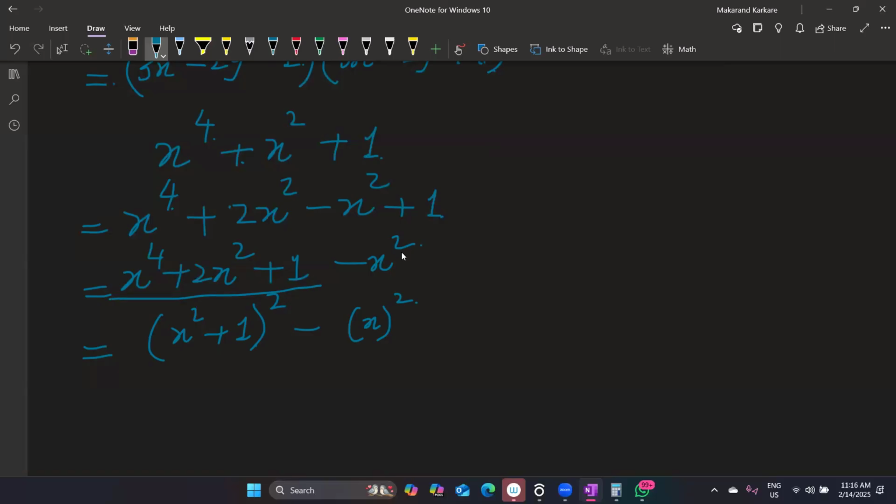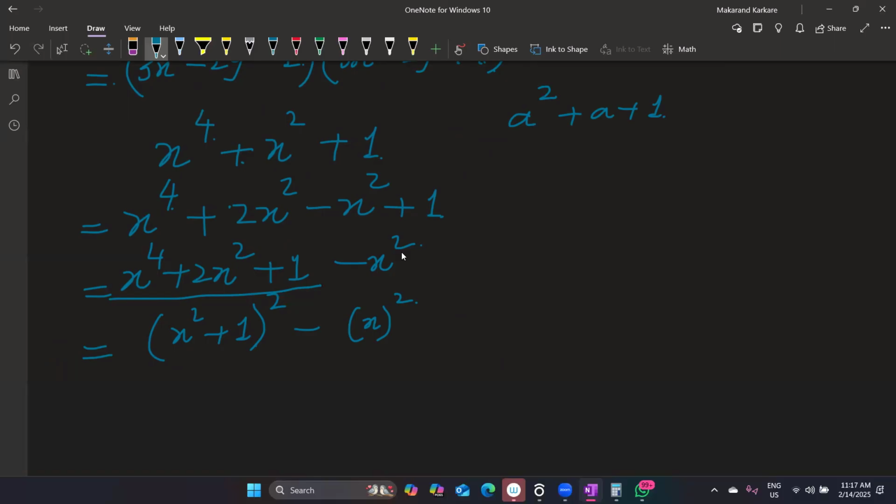Yes. Sir, but what if we take x square as a? Suppose we take x raised to 4 plus x square plus 1. Taking x square as a, that doesn't work. So that becomes a square plus a plus 1. So now we can take a into bracket a plus 1 plus 1. Sorry, come again.